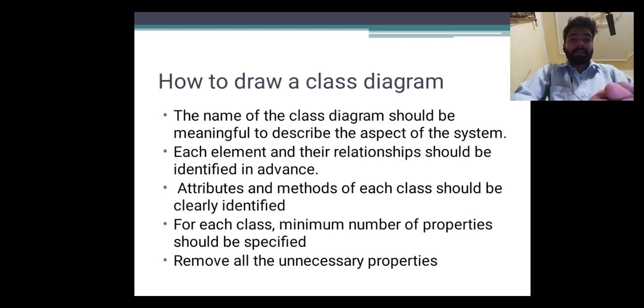And how to draw a class diagram. The name of the class diagram should be meaningful to describe the aspect of the system. Each element and their relationships should be identified in advance. Attributes and methods of each class should be clearly identified. And for each class, the minimum number of properties should be specified and all the unnecessary properties removed.